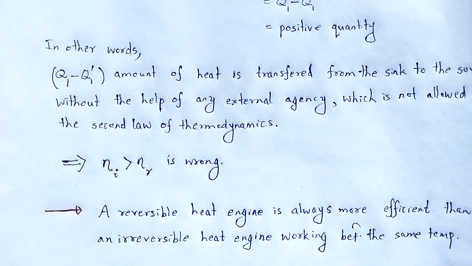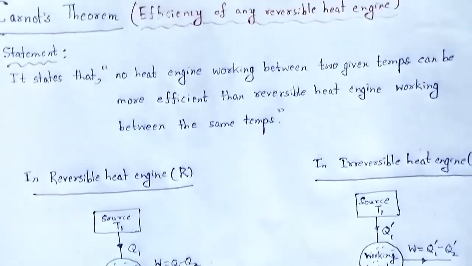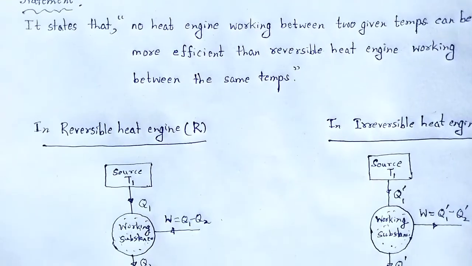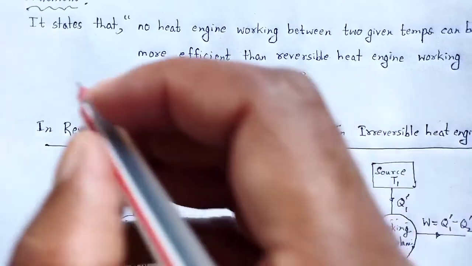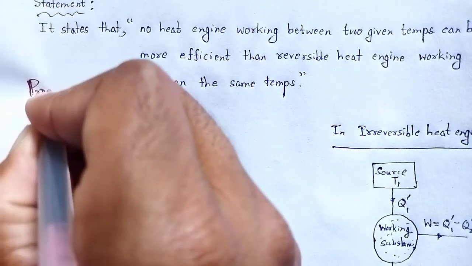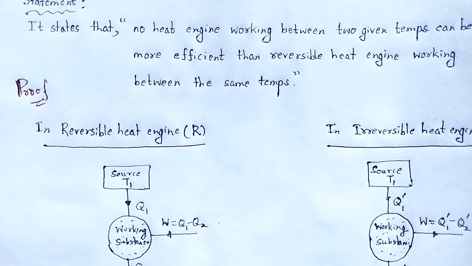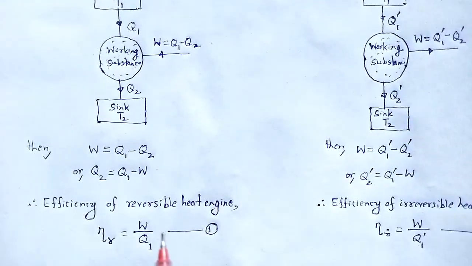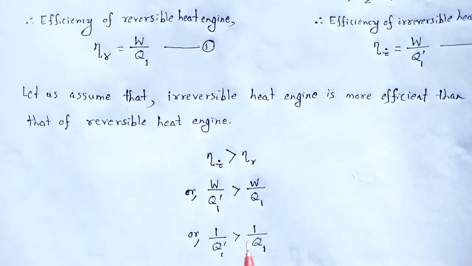So, with the help of this visual lecture, we understand what Carnot's theorem is and its proof, by taking a reversible heat engine and an irreversible heat engine. We found out its efficiency and compared its efficiency.